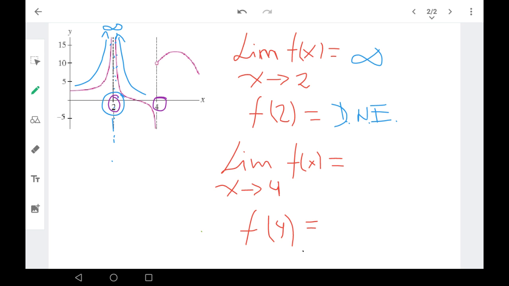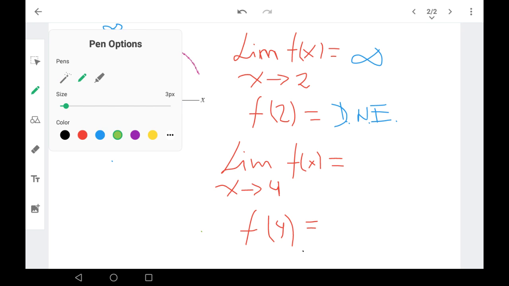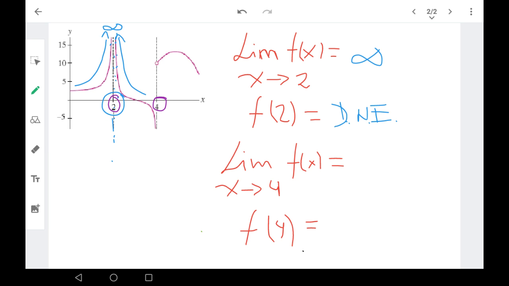So the limit of f of x as x approaches 4, okay? If I approach 4 from the negatives, I will go really, really close to negative infinity. But if I approach from this other side, the value that I'm approaching in y is 10, right? So 10 is different from negative infinity. So if the y values are different, then the limit does not exist.